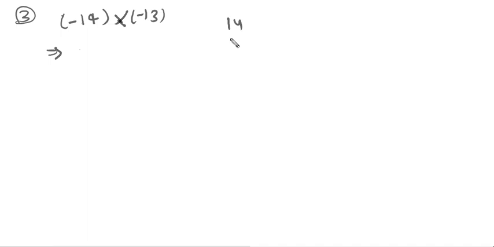So 14 into 13, it will come 182. When you multiply these two, it will come 182. But which sign will come here? Minus into minus will be plus. So here plus will come. This is your answer. Question number 4.